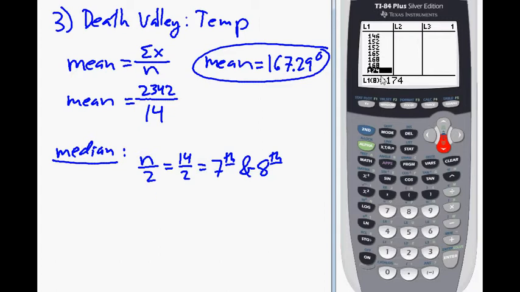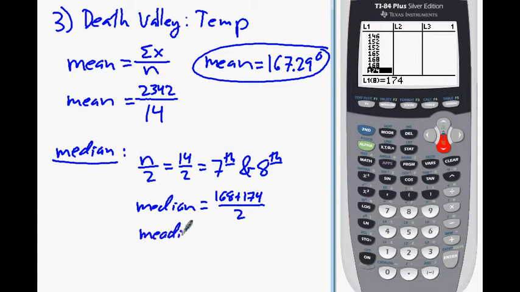Of course, 7th is right before it. So our median is going to be 168 plus 174 divided by 2, which turns out to be 171 degrees.